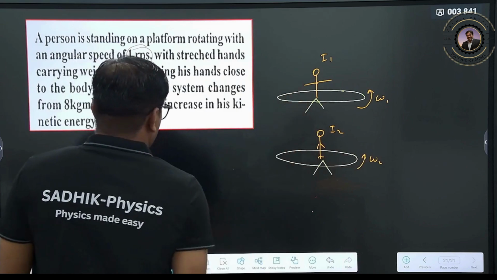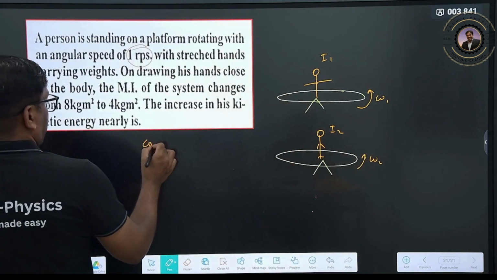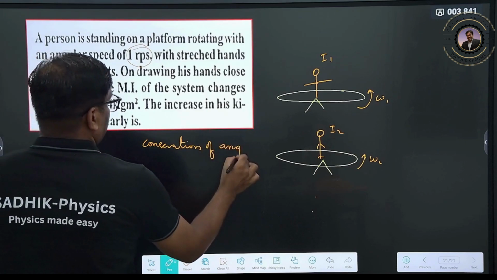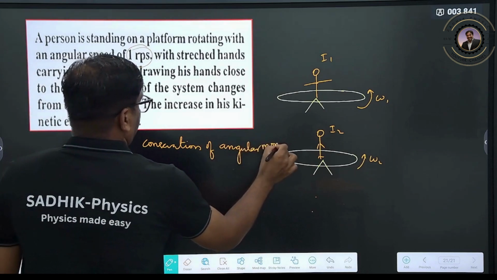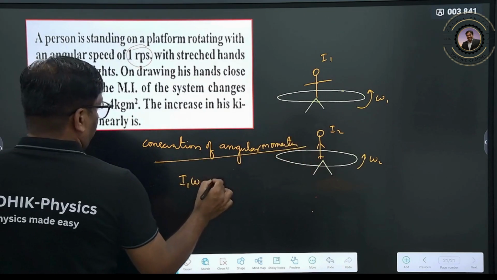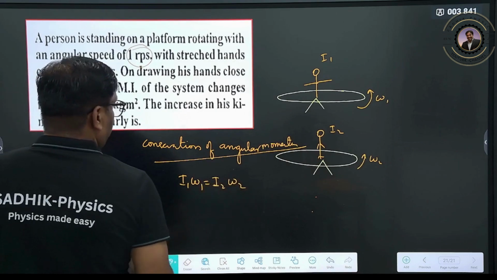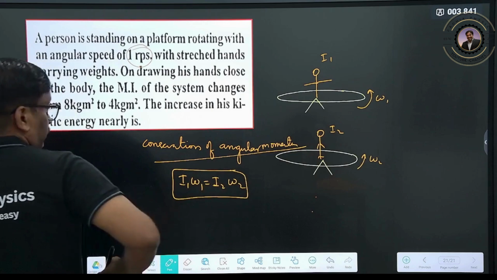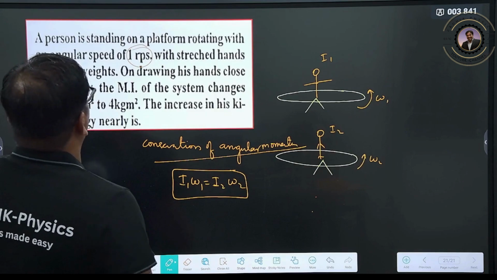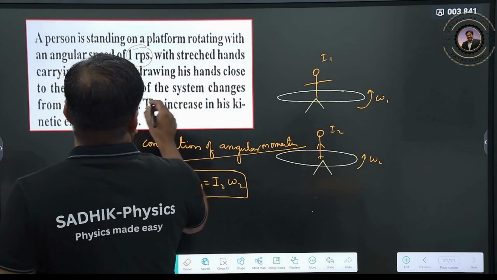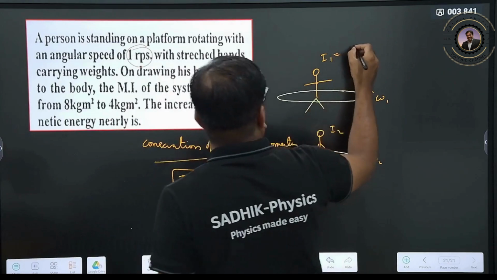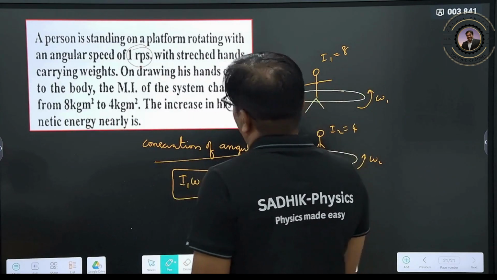So closing, you can rewrite it as conservation of angular momentum, right? So that is nothing but I1 omega 1 equals I2 omega 2. Clear? Now we can rewrite it. On drawing his hands closer to the body, the moment of inertia changes from 8, so it came to 4.